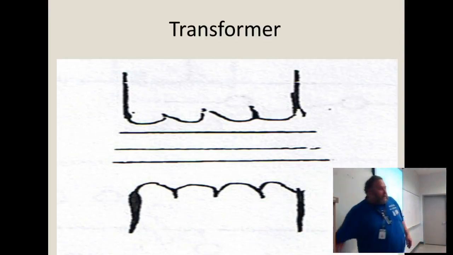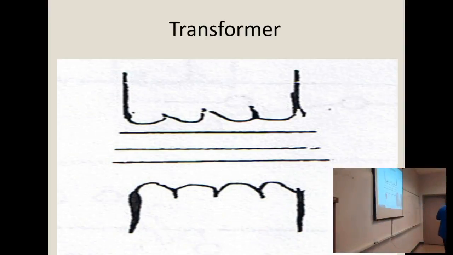Well, the physics of electron theory tell us that if I put a conductor, an iron core, in the field of a flux field, that's a magnetic field, I can cause electrons to flow, which means electricity. So I take that iron core, that conductor, and I create electron flow.